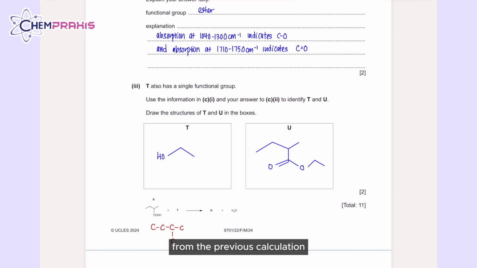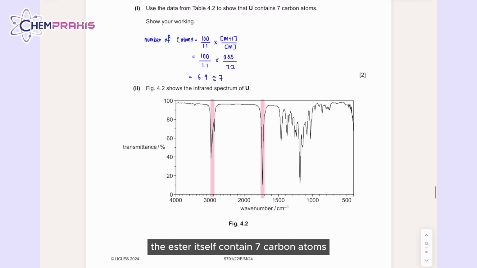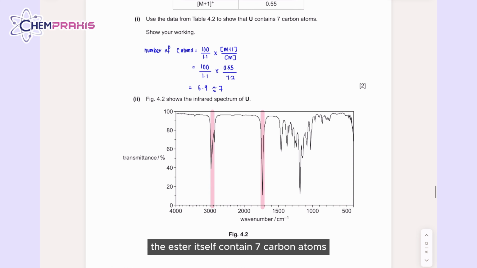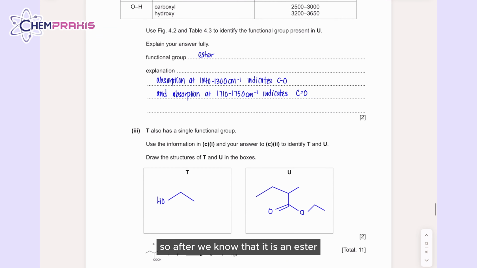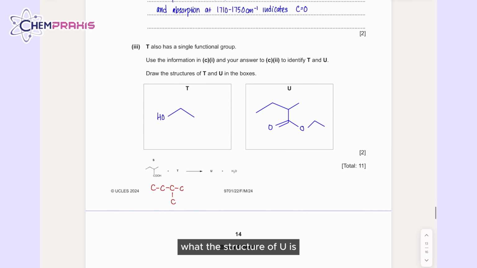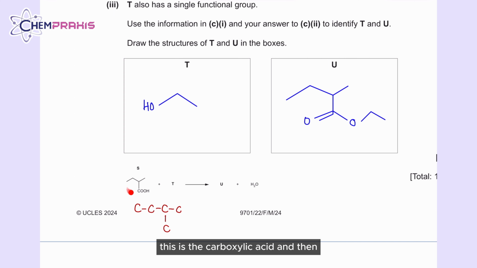From the previous calculation, we know that the ester itself contains 7 carbon atoms. So after we know that it is an ester, we are trying to find the structure of U. Basically this is the carboxylic acid. And then in order to make it into 7 carbons, we can propose that this is ethanol.